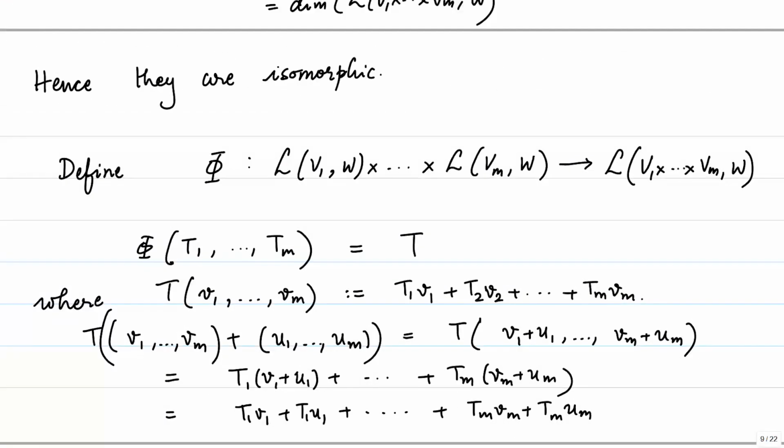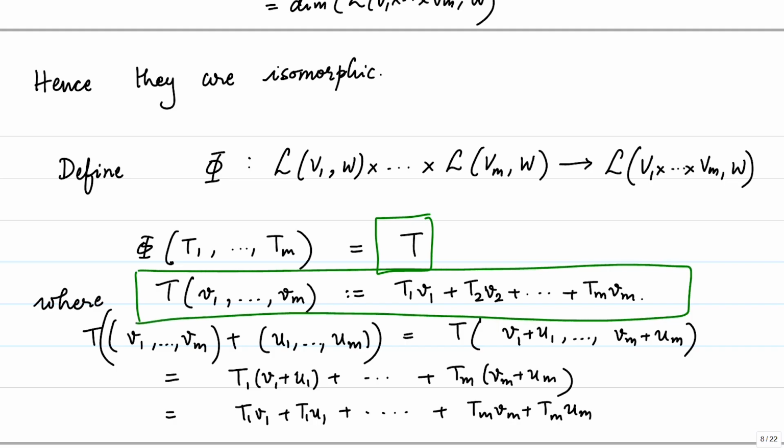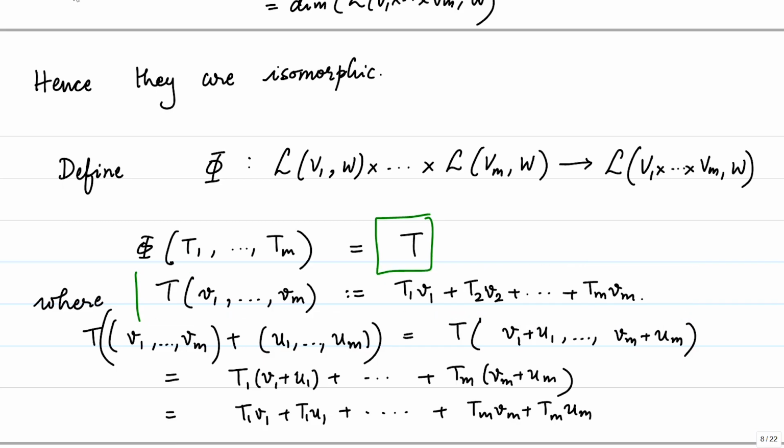So the object we have defined here, this T which we have defined as the following in this box, is a linear transformation. So capital Phi takes some element in the vector space L of (V1, W) cross L of (V2, W) up to L of (Vm, W), and gives us some element in L of (V1 cross V2 up to Vm, W). Now the question is, is this map Phi a linear map?